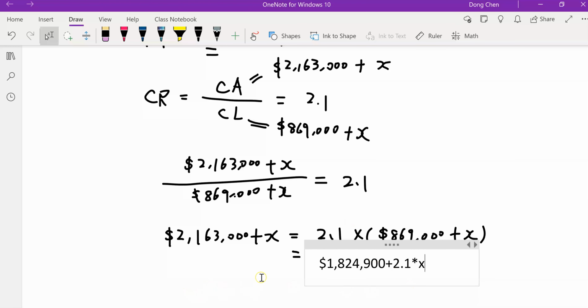And then we can just combine the terms. Basically move this X to the right-hand side and move this 1,824,900 to the left-hand side.